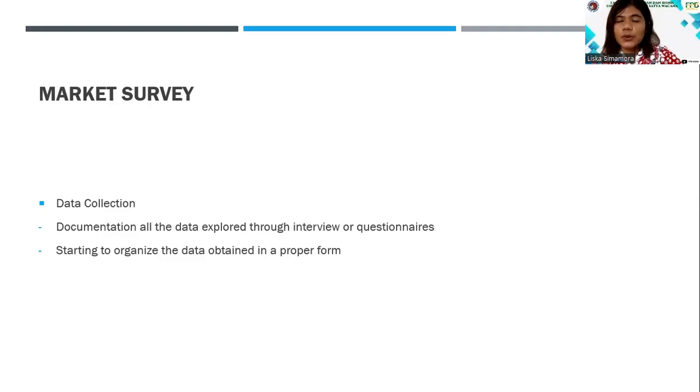Data collection here is about collecting the information that you dig through a questionnaire, through spreading the questionnaire, or through depth interview. You collect them because the data we take from the respondents by filling the questionnaire sometimes is not yet complete.